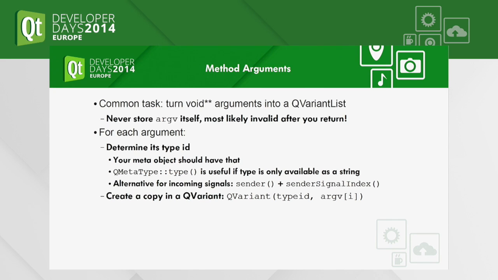But for incoming signals, you can query the sender object, or the MetaObject of the sender, and see the signature of the signal that you just received. And that also tells you what the arguments are supposed to be. And then similar to what we've seen for properties, you can use QVariant, given a type ID and a void pointer, to create a copy. And then you have something that is generic and that you can deal with.